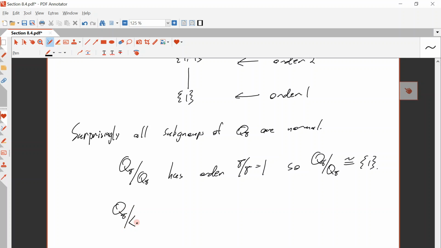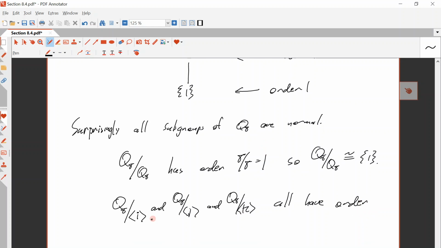Q8 mod the subgroup generated by I, or J, or K, all have order 8 over 4, so all have order 2.